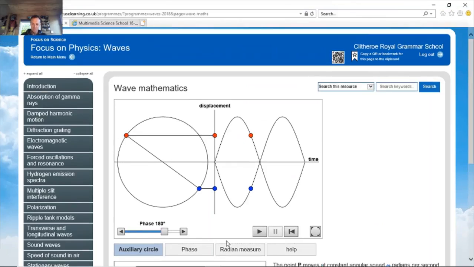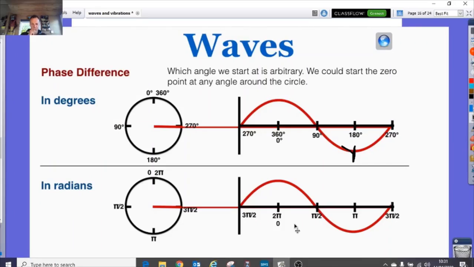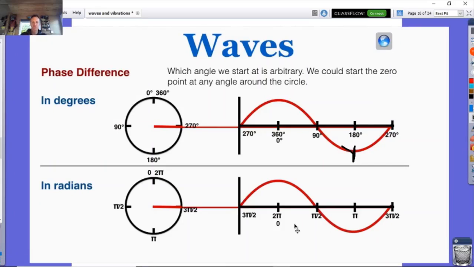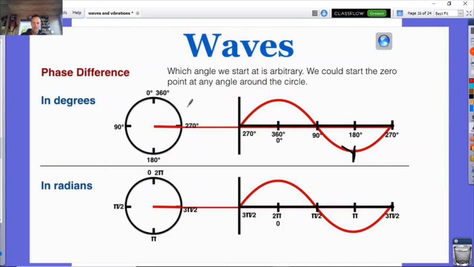You need to know all about the different phases going through. This is where the mathematics comes in. When it's starting here, the ball is just here. When it goes to here, the ball is here.